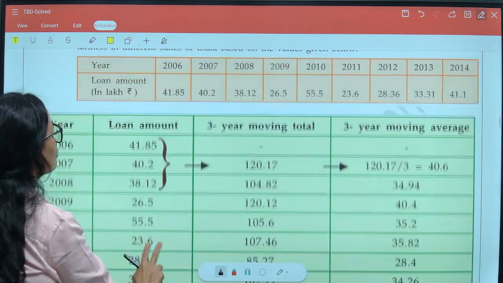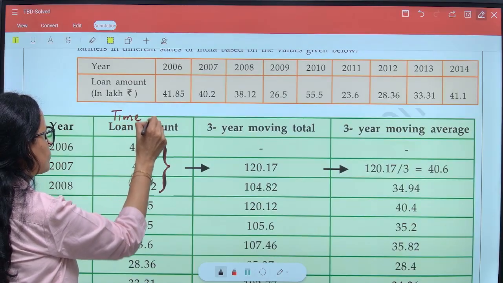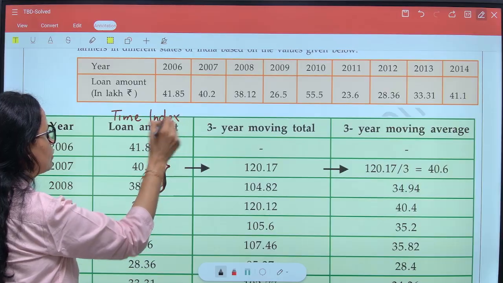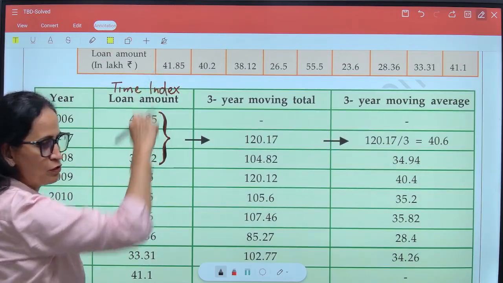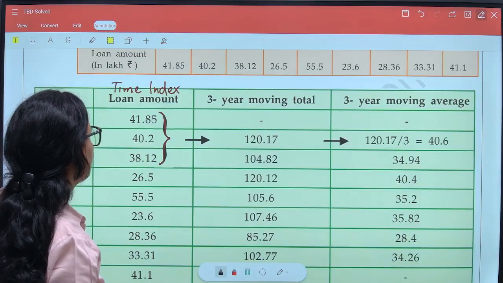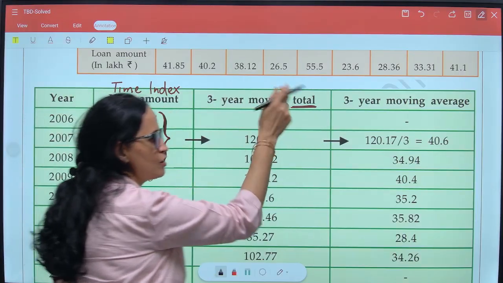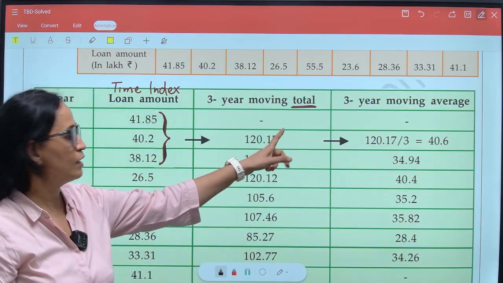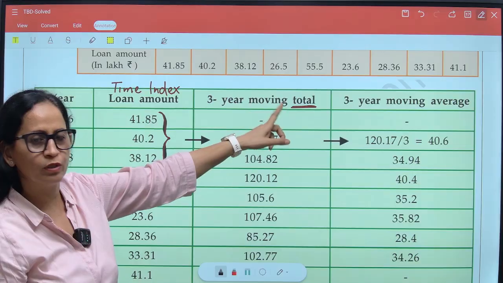These are also called index values, or time index. Now you need to add the first 3 because the question said 3-year moving average needs to be calculated. So find the 3-year moving total. The first column that you create is total, after you have written the data, 3-year moving total, right?